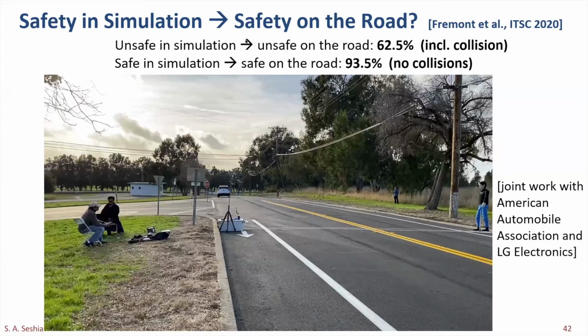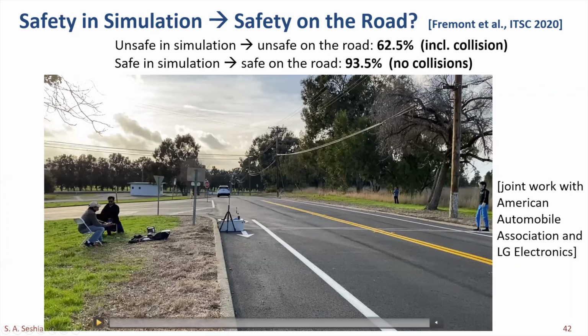So what we found in our study is that when a behavior was unsafe in simulation, it was usually unsafe on the road. More than half of the trajectories that were unsafe in simulation were unsafe on the road, where unsafe means that the car comes within a certain small distance of the pedestrian dummy. And then we found that overwhelmingly, those that were safe in simulation were safe on the road.